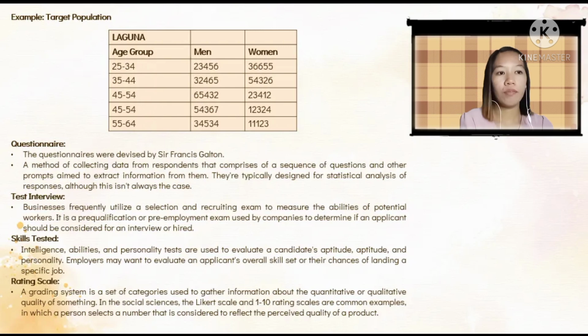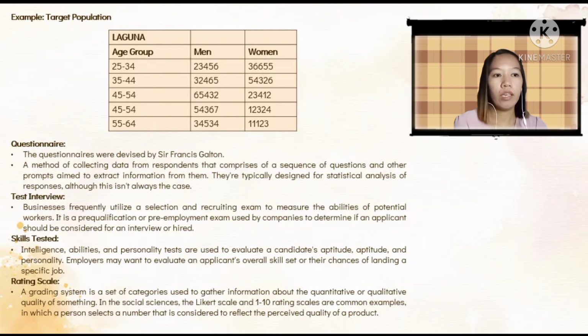Skills tested. Intelligence, abilities, and personality tests are used to evaluate a candidate's aptitude and personality. Employers may want to evaluate an applicant's overall skill set or their chance of landing a specific job.